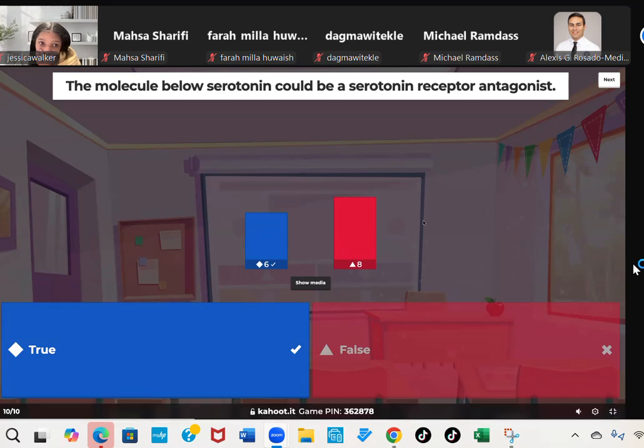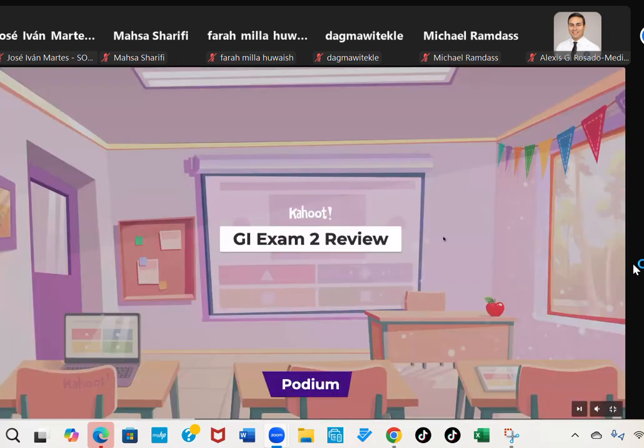So that is what I expect. You don't necessarily need to know what that drug is, but more of recognizing certain features on molecules, and you will have some reference molecule to go with. It's not going to be very, very crazy. It's something very similar to what you saw in the last exam where there's a molecule showing some similarity, okay, along that line.